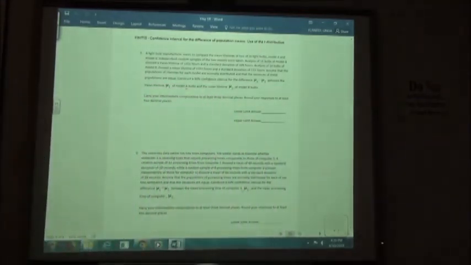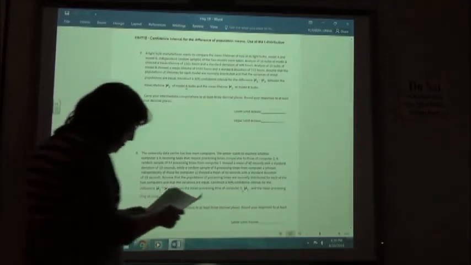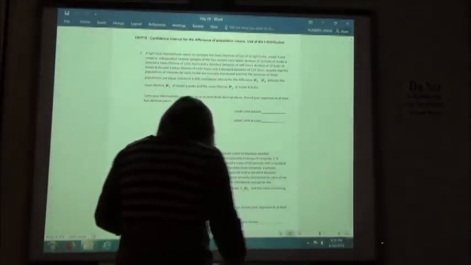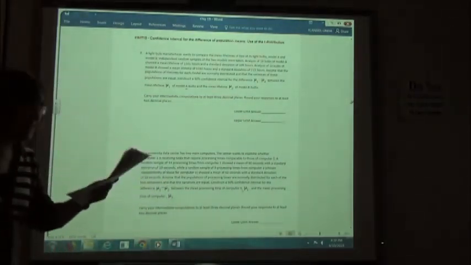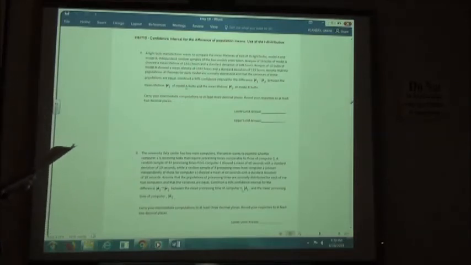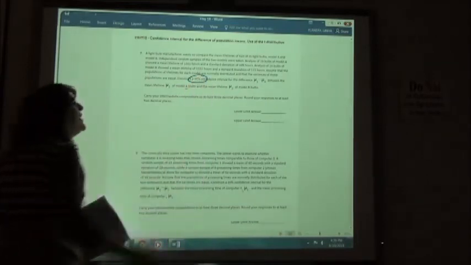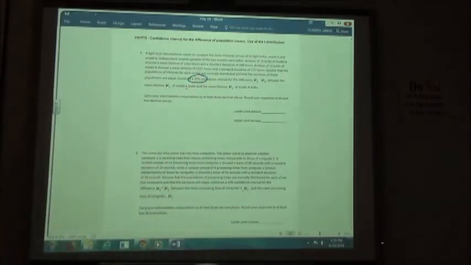All right. 7, 8, and 9, we're going to again do confidence intervals. This one has a whole long ton of formula to get the answer. I had to highlight 2 formulas. First of all, this one has a 90% confidence interval.